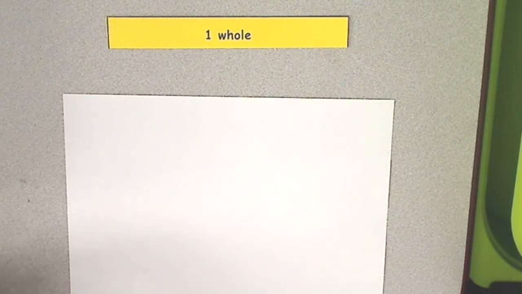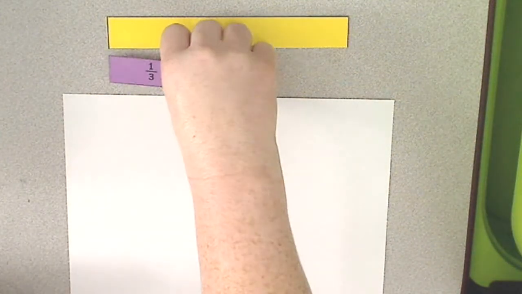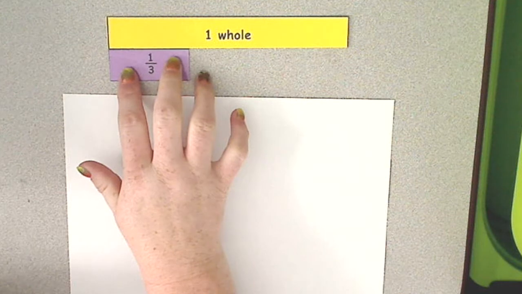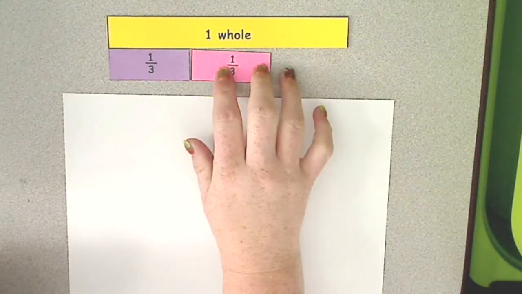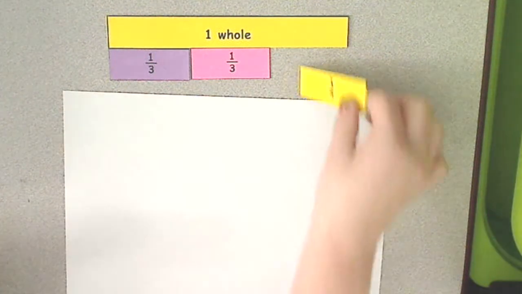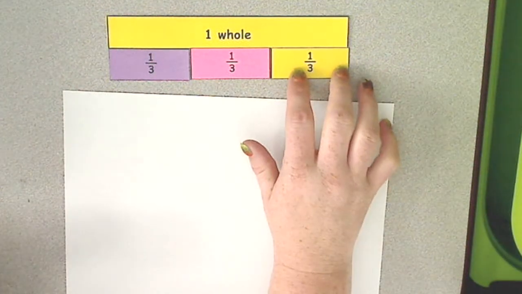We are going to look specifically, with this example, at thirds. So I can have 1/3, 2/3, and 3/3.